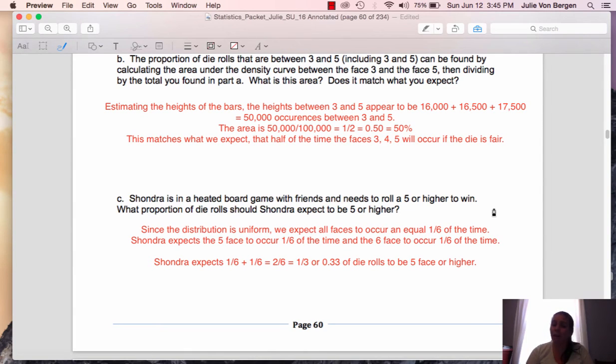So we can say Chandra expects 1/6 plus 1/6, or 2/6, or 1/3, or 0.33 as a decimal, of the die rolls to be 5 or higher. Chandra needs this 5 or higher to win, so we expect she's got around a 1/3 probability, or 1/3 proportion, of winning.